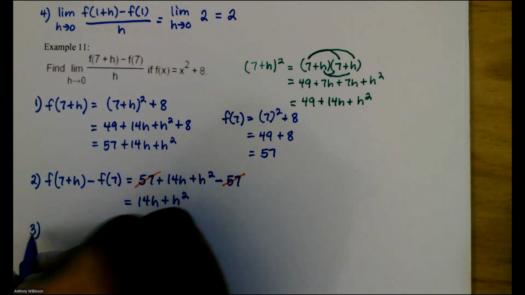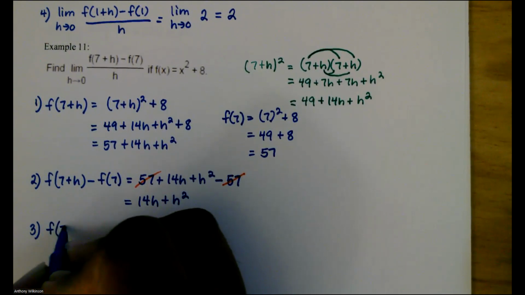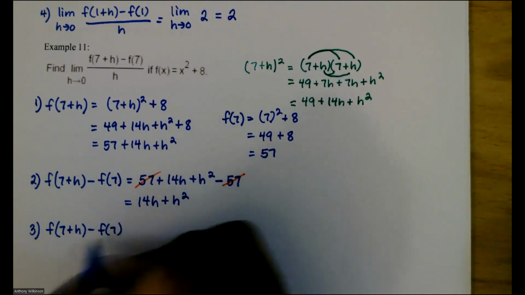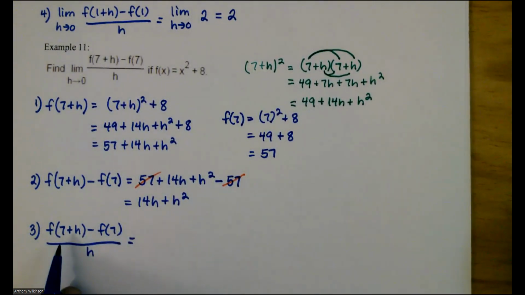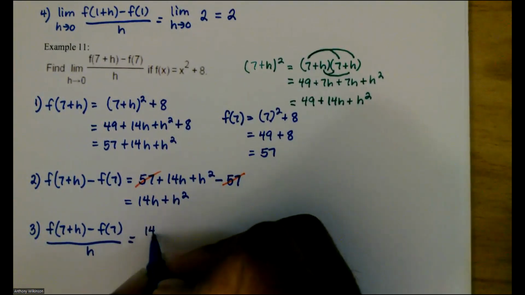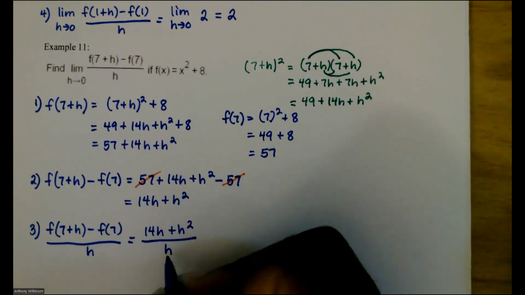And now step number 3, I'll take my f of 7 plus h minus f of 7, whatever I got for that, and it'll be divided by h. So f of 7 plus h minus f of 7 was this, 14h plus h squared. That will be divided by h.